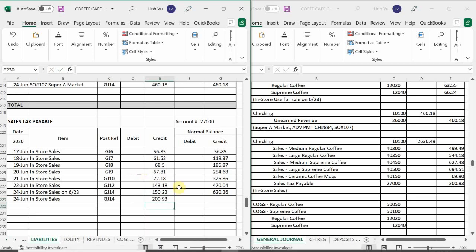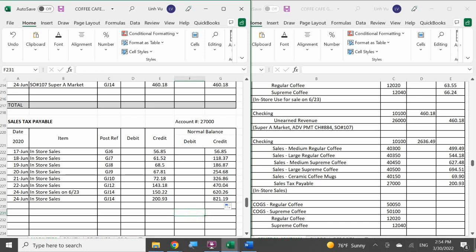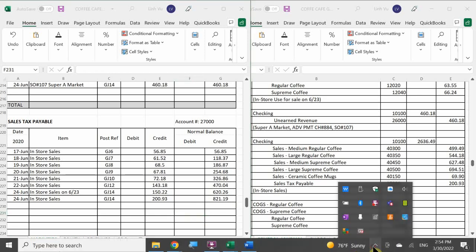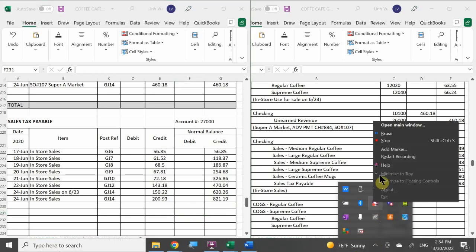So therefore, what is my total amount of sales tax collected? $821.19. Okay. So this is where I'm going to stop here just because it's almost 3 right now. So we'll stop.